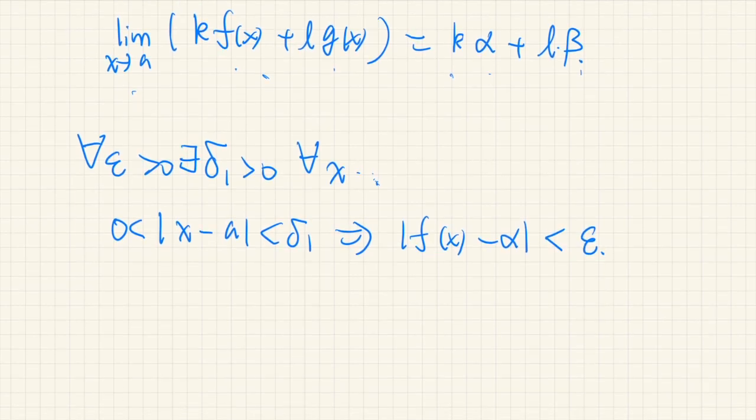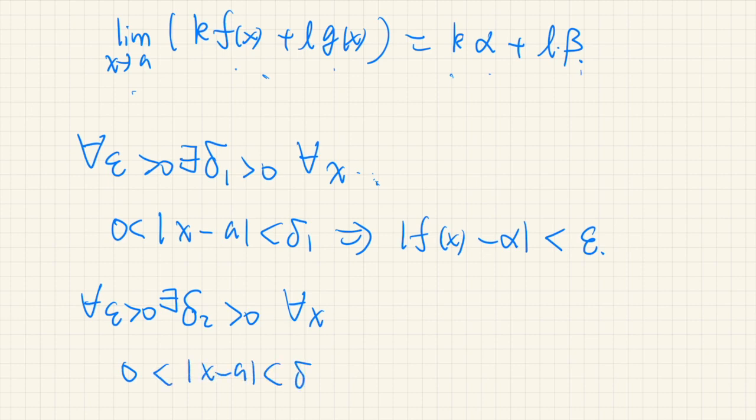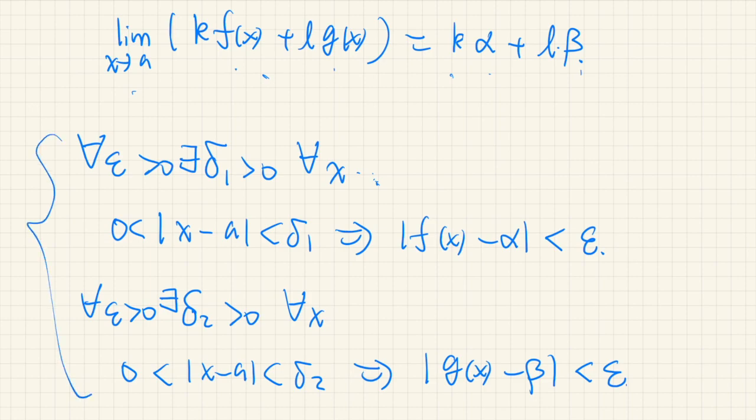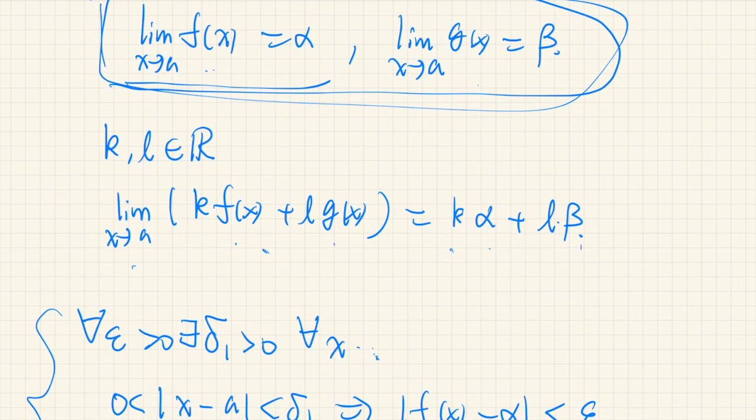And similarly, for all positive epsilon, there exists some delta 2 such that for all x, if x minus a is between 0 and delta 2, then the difference between g of x and beta is less than epsilon.